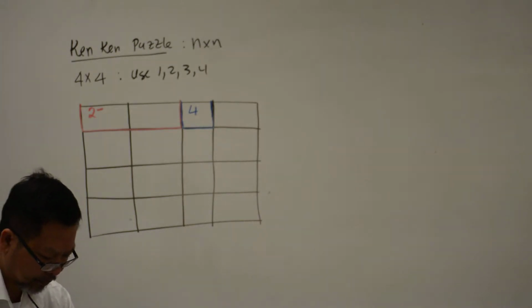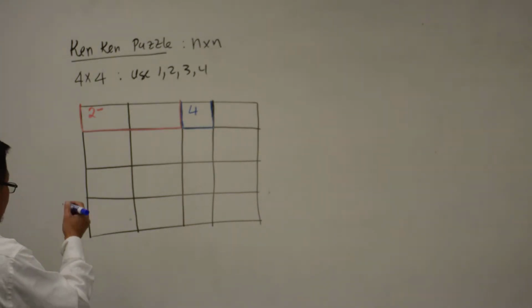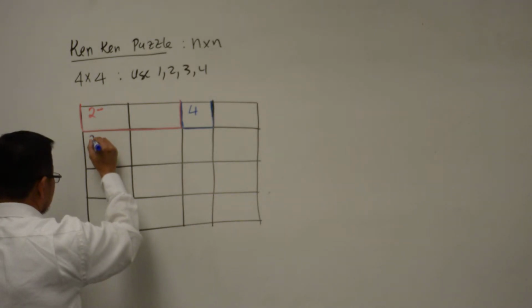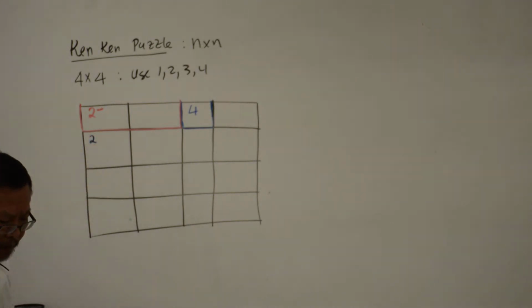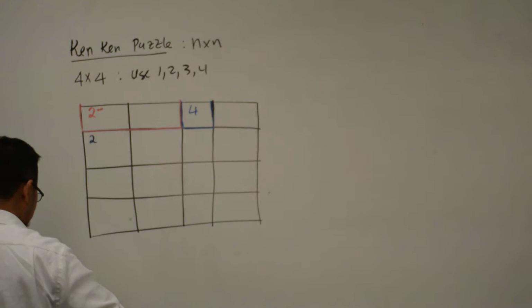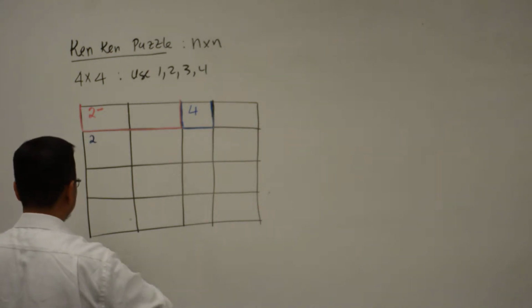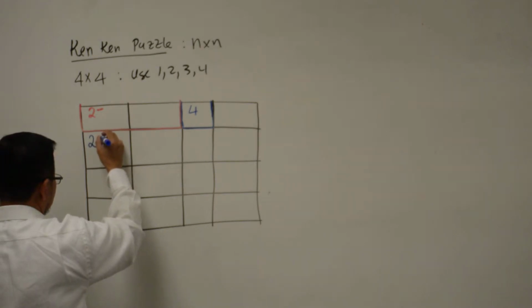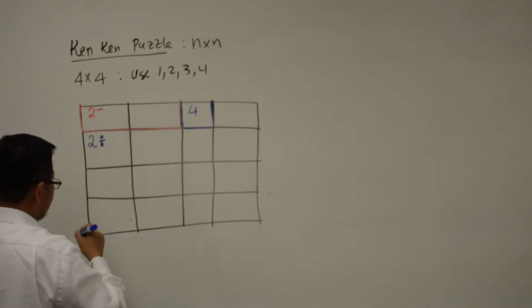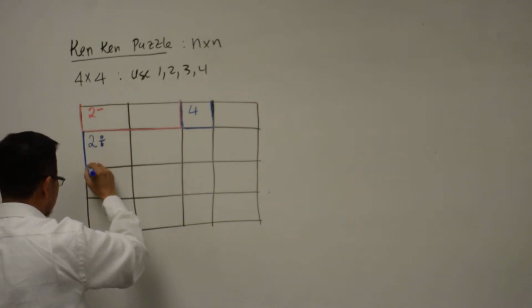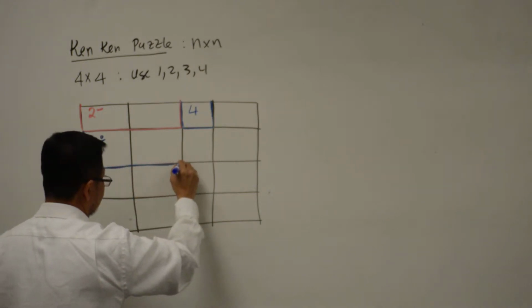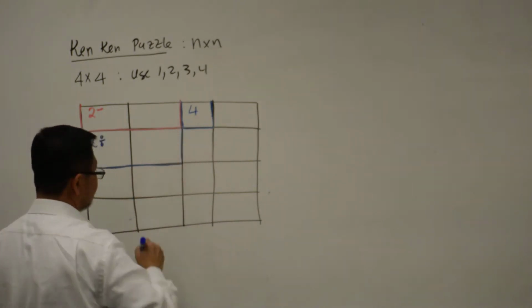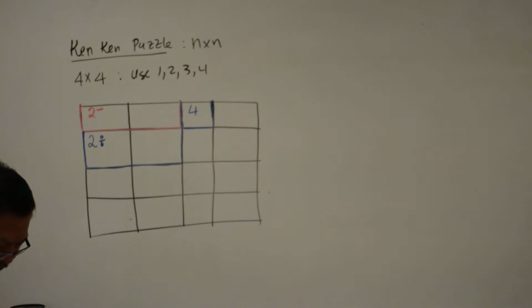Then 2 plus, 2 with the plus sign. So 2 plus here, and then the cage from here to here. That's cage 2.